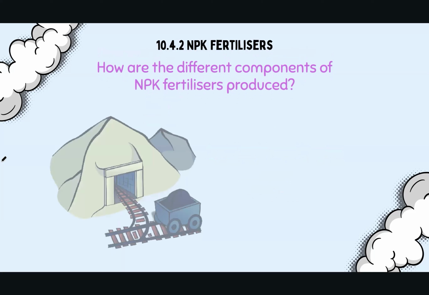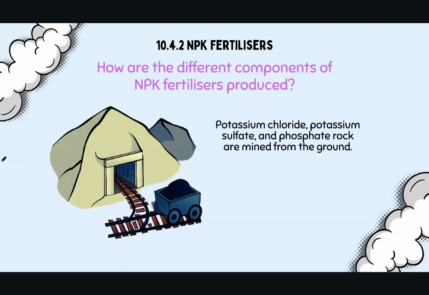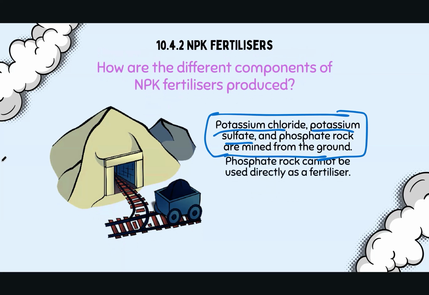And how are different components of NPK fertilizer produced? Potassium chloride, potassium sulfate, and phosphate rock are mined from the ground. These are salts that would be added to the fertilizer, and they provide the potassium and the phosphate.